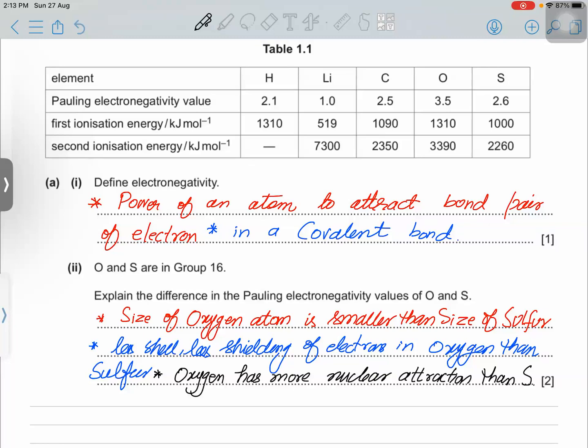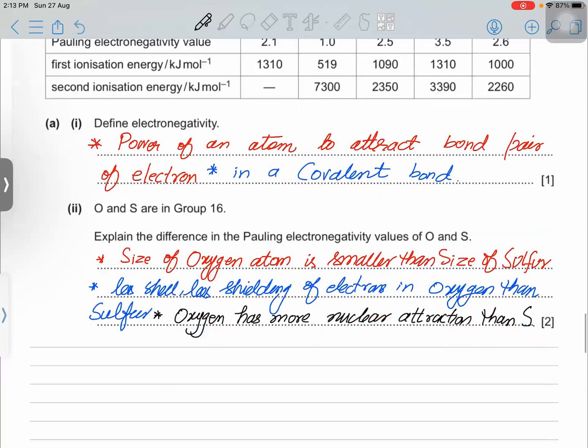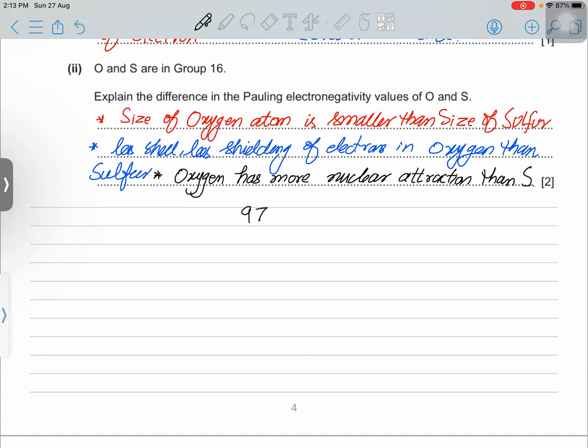Which of the following statements are correct for the sequence of the compounds below? Electronegativity difference between the elements in each compound increases. Now next question is 9701, May June 2003, Paper 1, question number 34. Now look at the question.